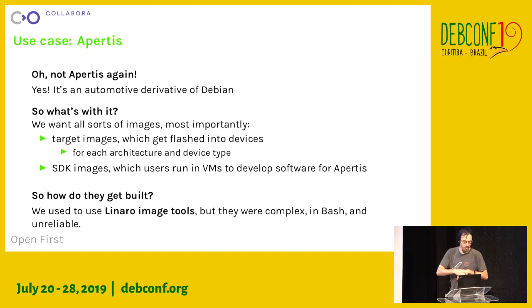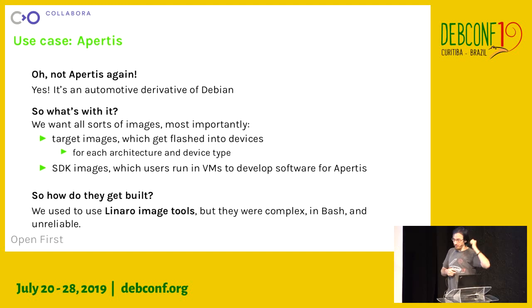So we've got lots of images for different devices we want to build. And there are also AMD64-based images, which users normally run in virtual machines like VirtualBox, which come with all sorts of SDK: an IDE and all the tools they need to develop applications for Apertis.